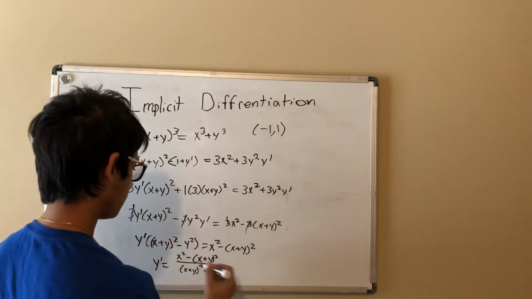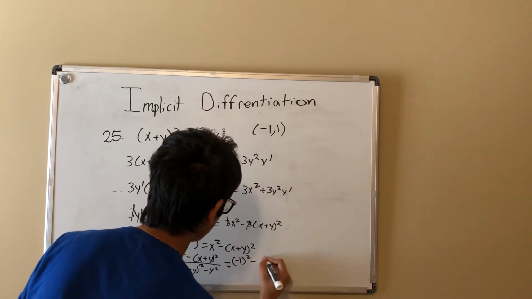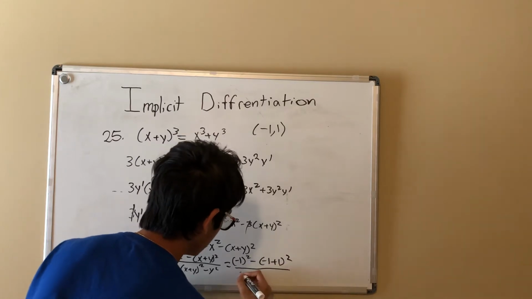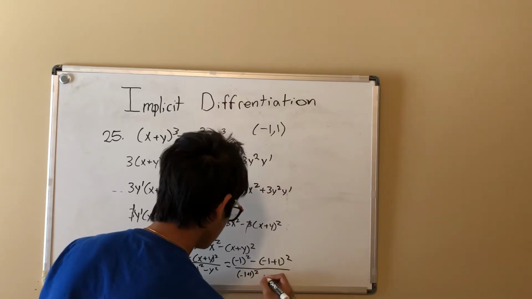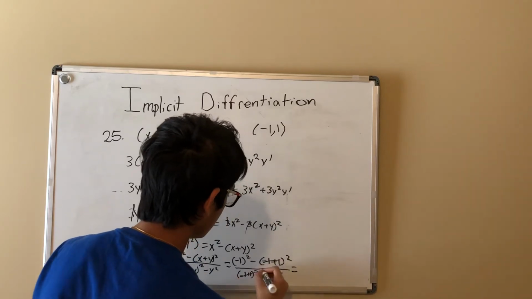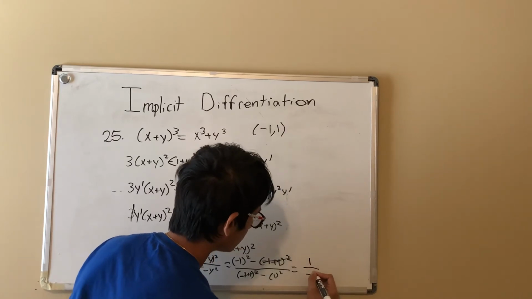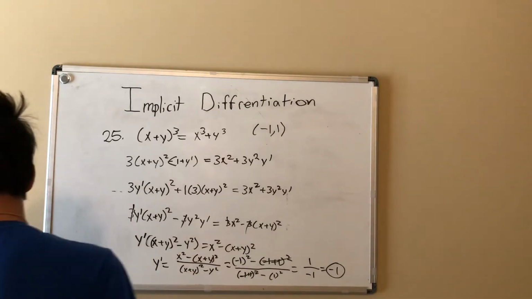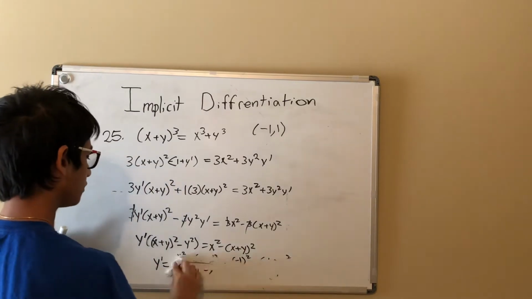So then you get (-1) squared minus (-1 plus 1) squared over (-1 plus 1) squared minus 1 squared. Because that evaluates to 0, so then 1 over -1, which equals -1. Right? So that's how you would do that.